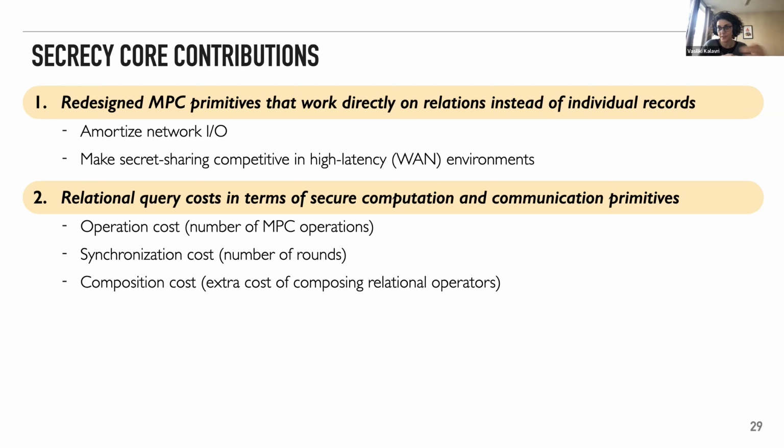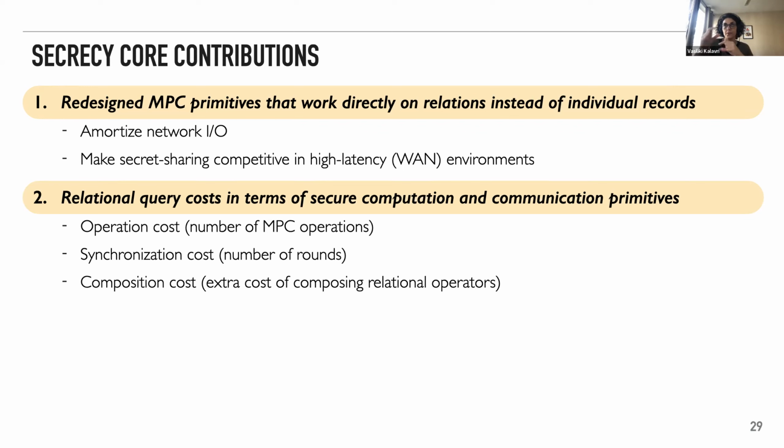So we defined 3 types of costs: operation cost, which is the number of MPC primitive operations; synchronization cost, which is the number of rounds; and composition cost, which is the extra cost of composing 2 operators. And this is not straightforward.